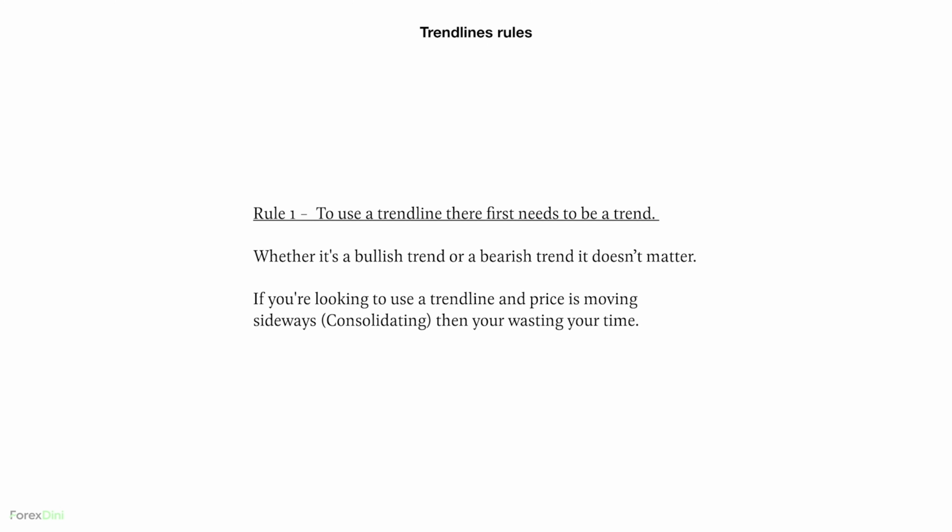There needs to be a trend, bullish or bearish. I've been trading for several years and I can tell you right now, if there's no trend, I don't know how to use a trend line correctly. So don't insist on using a trend line without a trend.